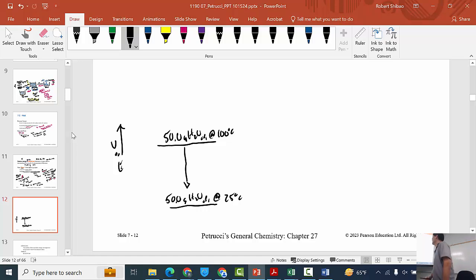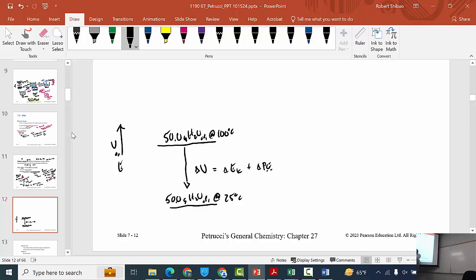So what happened there? What happened there is there's a change in internal energy. And so there's a delta U here. When we look at the delta U, it is equal to a change in kinetic energy plus a change in potential energy. But when we look at the potential energy, it is chemical potential energy, which I talked about last time.